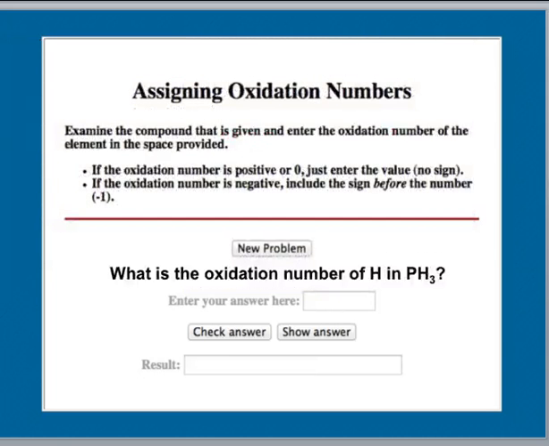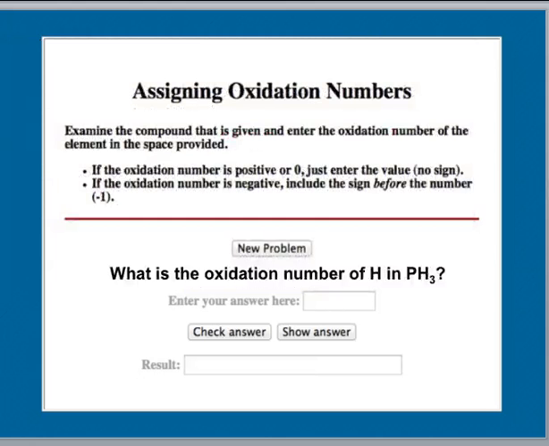How about PH3? Now this is a molecular compound, isn't it? Phosphorus trihydride. What's our rule with hydrogen? Last one. It's bonded to a non-metal, right?